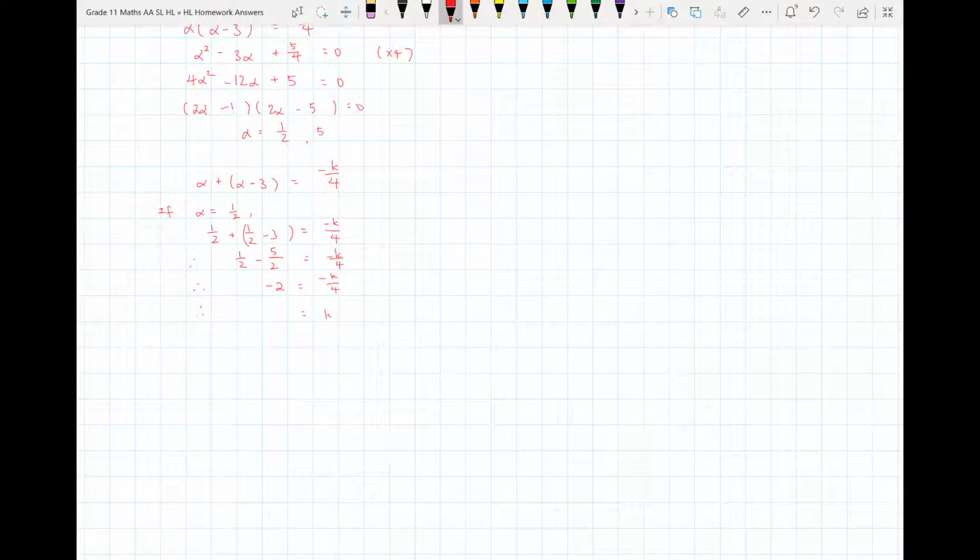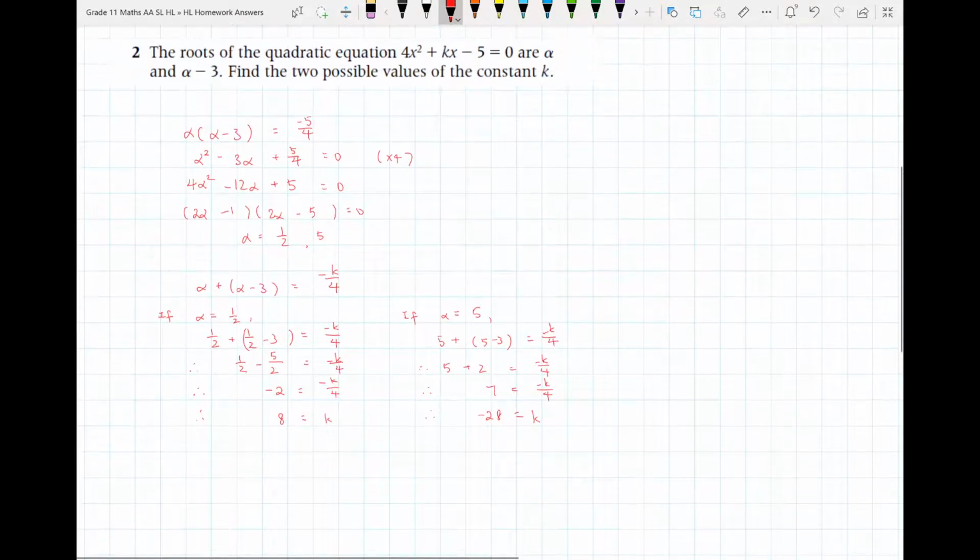So k will be positive 8. And if alpha is 5 instead, then we will have this, which is 7 on the left, and therefore k is minus 28. So these are two of our k values.